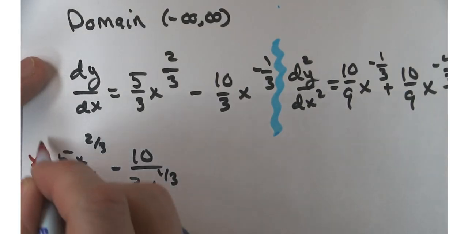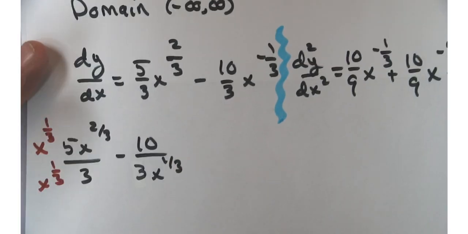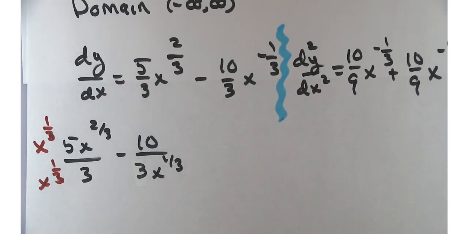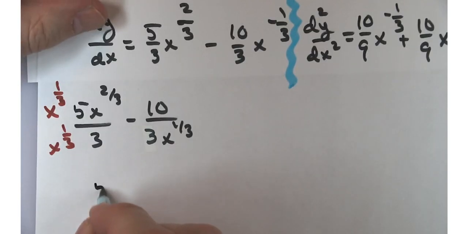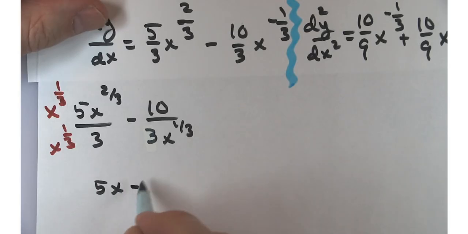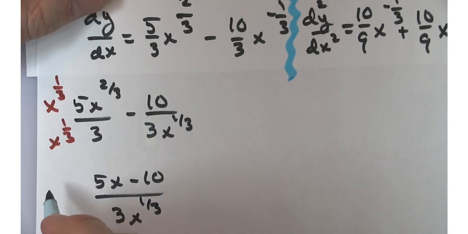So x to the 1/3 over x to the 1/3. Now yeah, it does cancel itself out, but if we avoid canceling that out, then what are we going to get? Then we're going to get 5x to the first power minus 10 over 3x to the 1/3, and that's our first derivative.